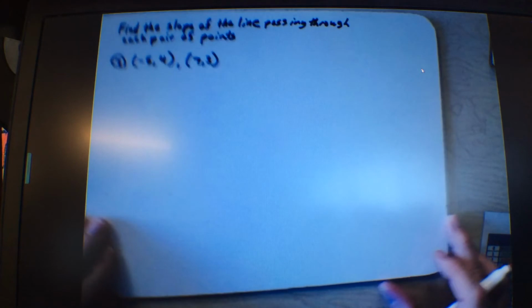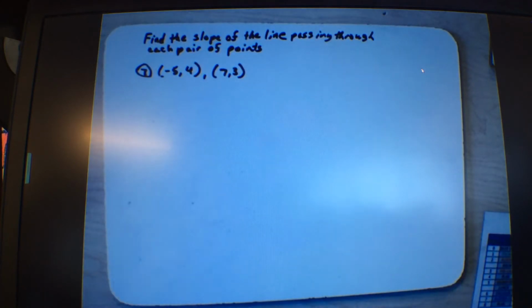All right. Read that for me, please. Ashley. Find the slope of the line passing through each pair of points. All right. How do you find the slope of the line that passes through each pair of points, Ashley?